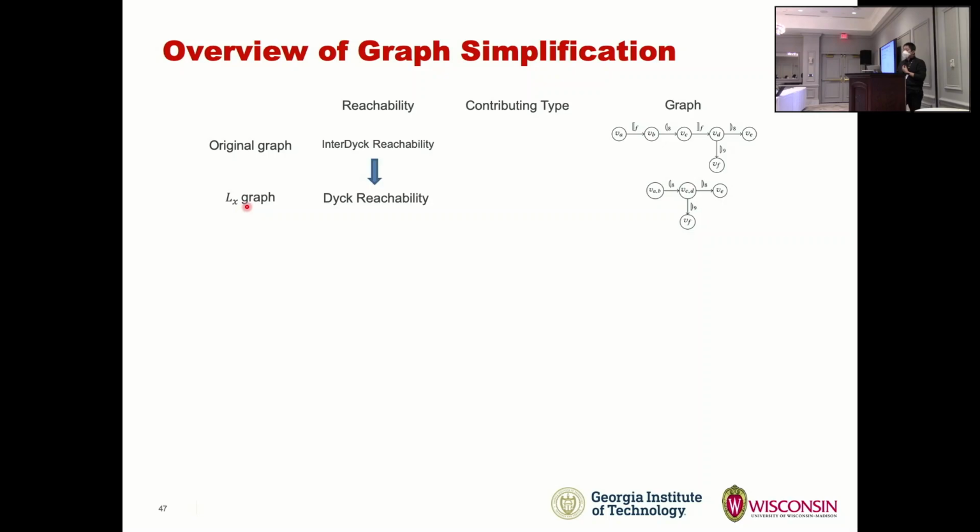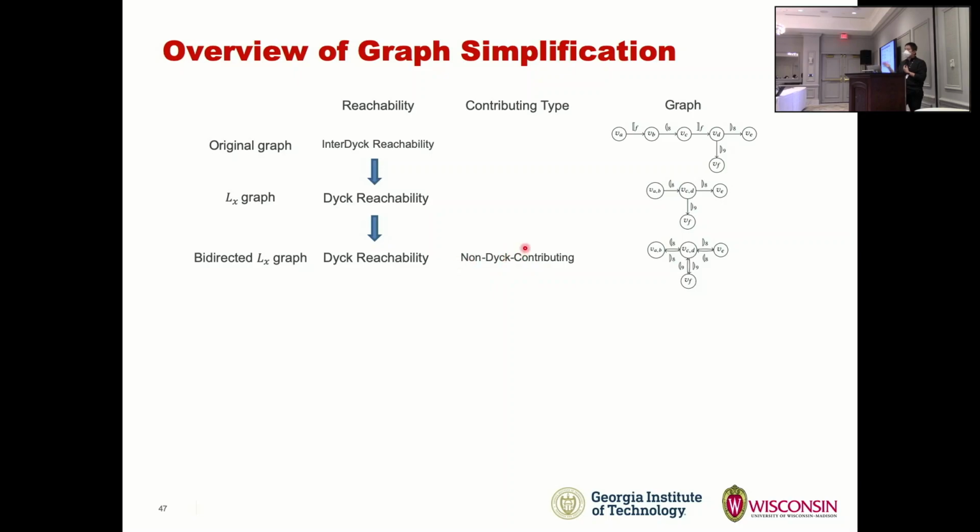Then the second level of over-approximation is that we relax the directed Dyck-reachability to bidirected Dyck-reachability. Because we have this fast Dyck algorithm, we can compute very efficiently the set of all non-Dyck contributing edges. We don't care about the contributing edges; we only care about the non-contributing edges.